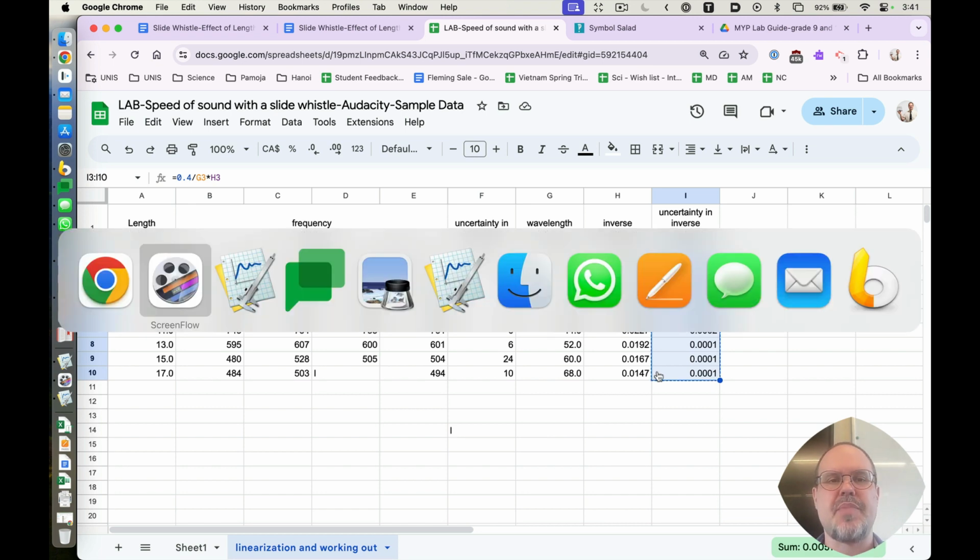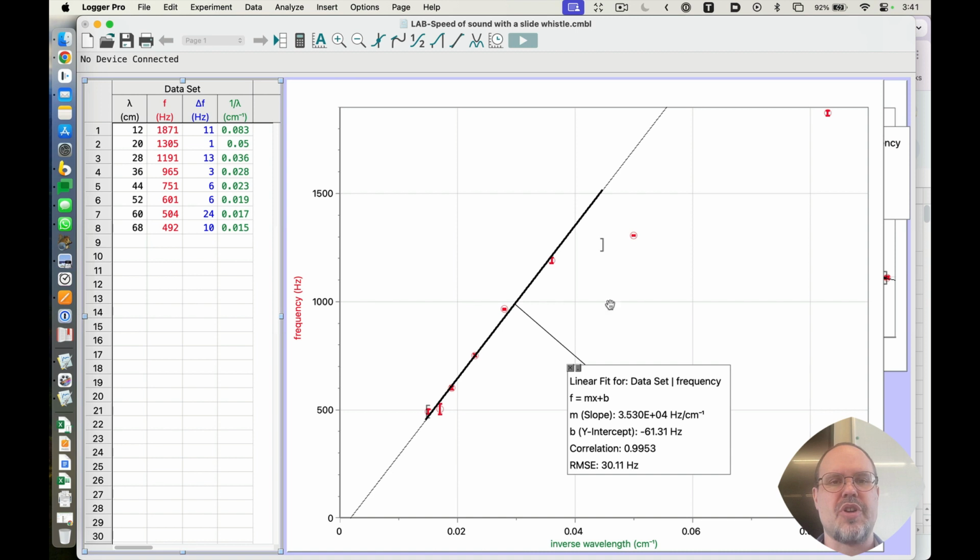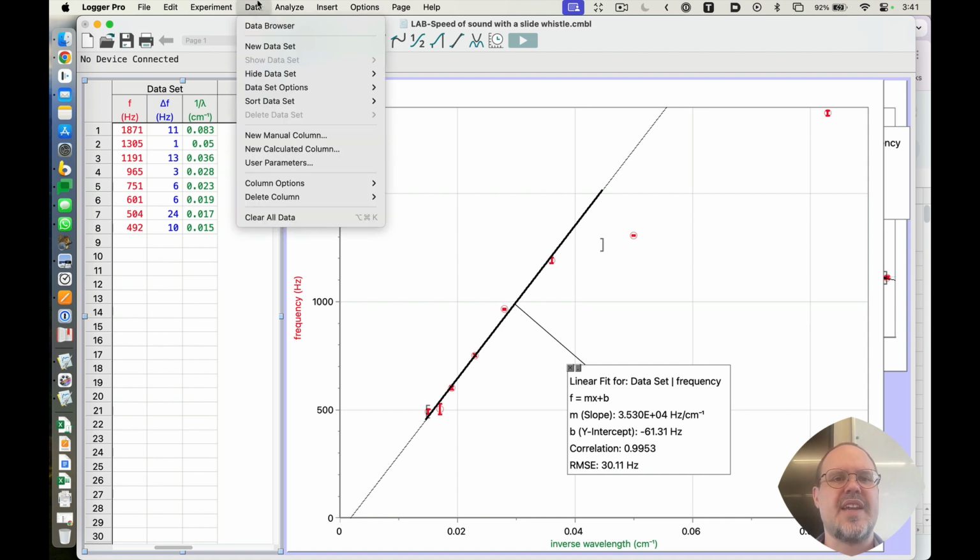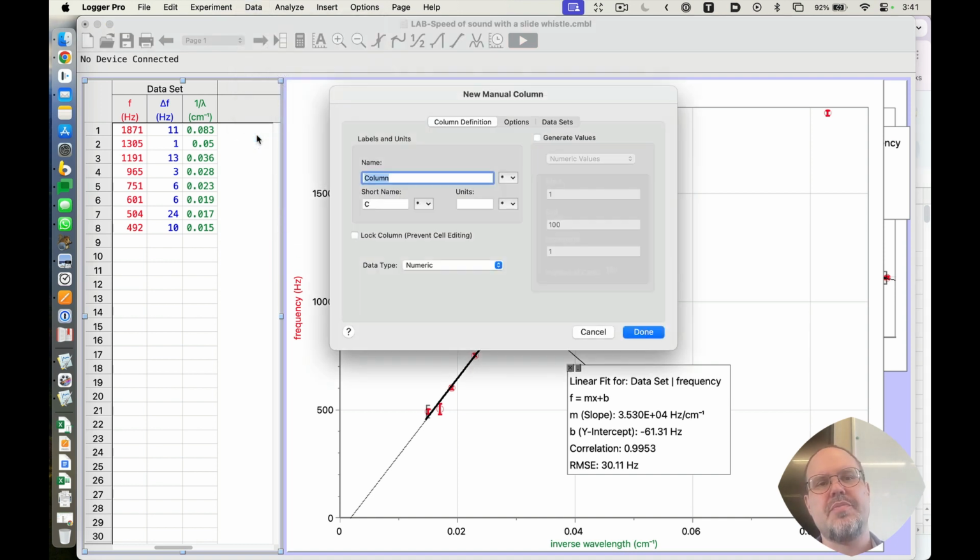Let's copy and paste this into good old Logger Pro. I could make this wider, or I could just scroll over. Then I'm going to go Data, New Manual Column. And this is going to be called Uncertainty in Inverse Wavelength.